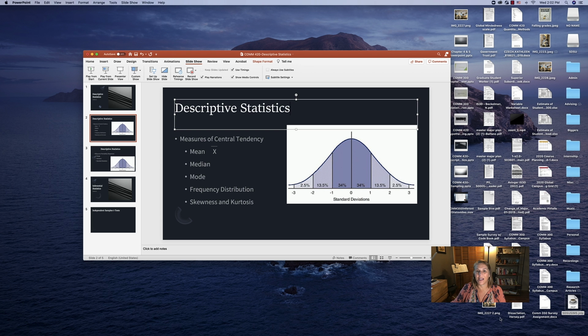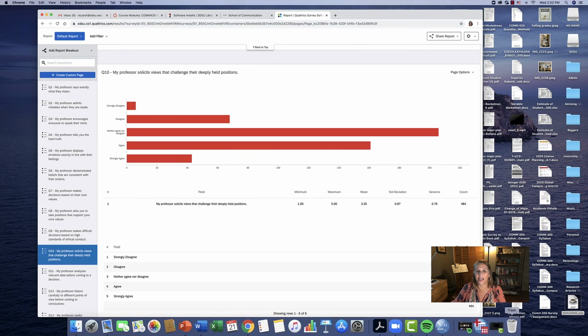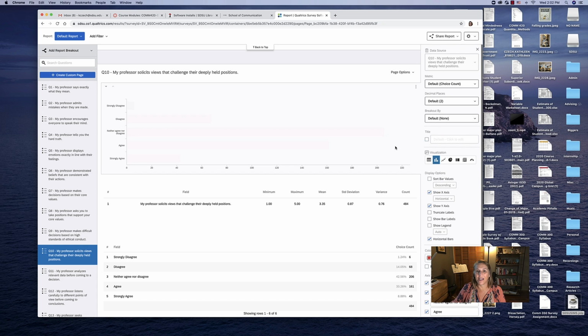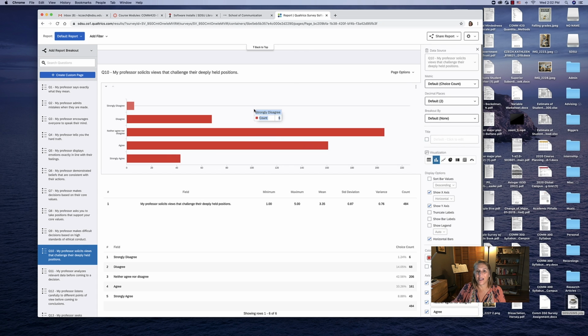Even when we were looking at the frequencies, look at this, almost like a perfect bell-shaped curve right here. Almost. Because, look, very few people strongly disagreed, only 6, and not a lot agreed, although more. And where were most people on this question? Smack dab in the middle. So if I were going to draw the curve around this, I would have a pretty good bell-shaped curve.